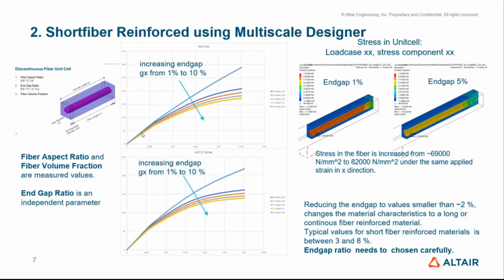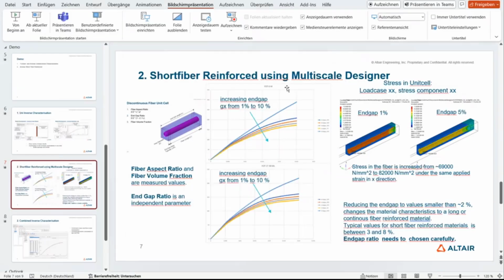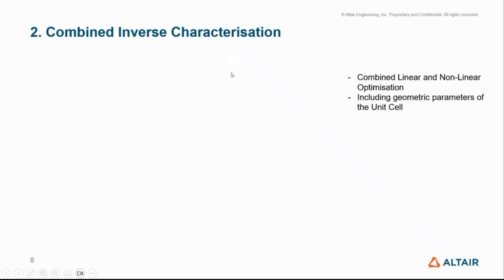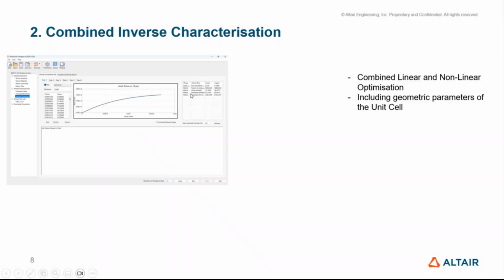Optimizing only elastic first, finding the best fit, and then going into the inelastic regime, we saw is not the best way to approach the problem. So that's why we switch to the combined inverse characterization.